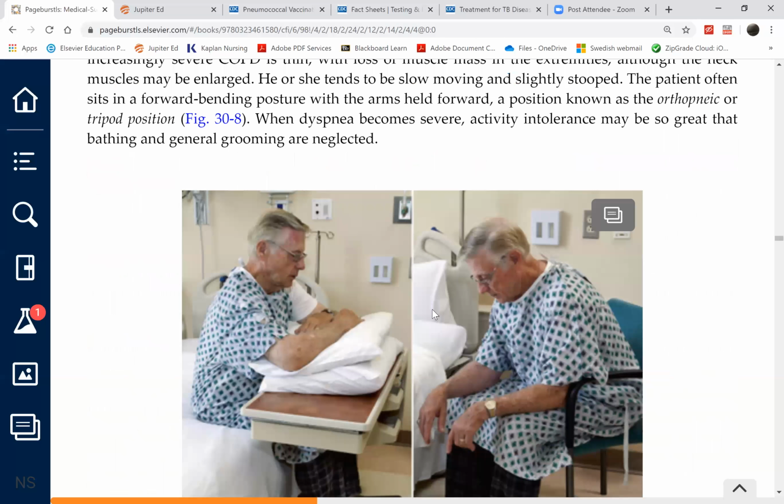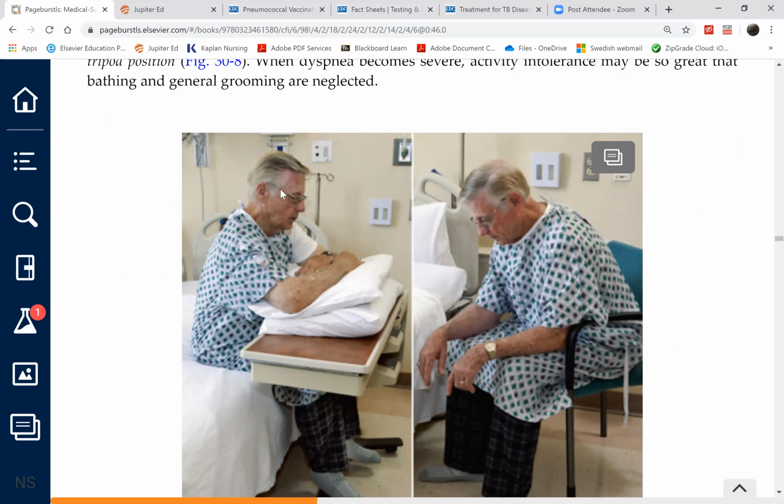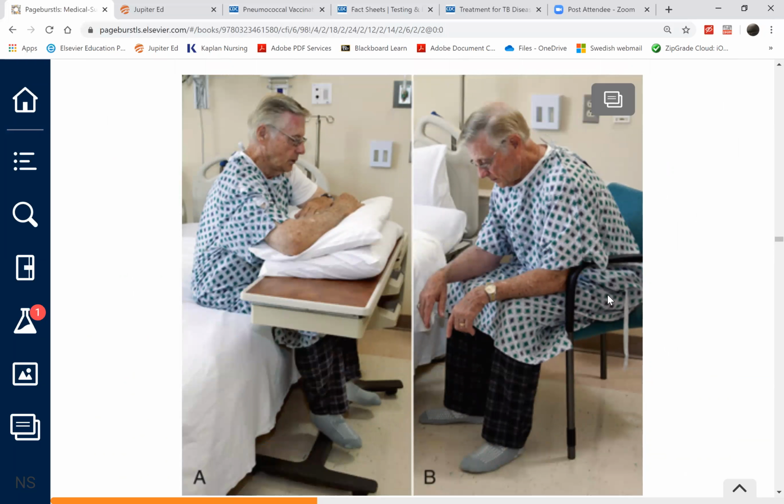So this is what a typical COPD patient looks like. You see the red flushed appearance. That's the polycythemia there, causing the flushed appearance because they have increased red cells. And what this patient's position is called, this is the tripod position. I think it's labeled right here. Not there, but it should be mentioned somewhere.